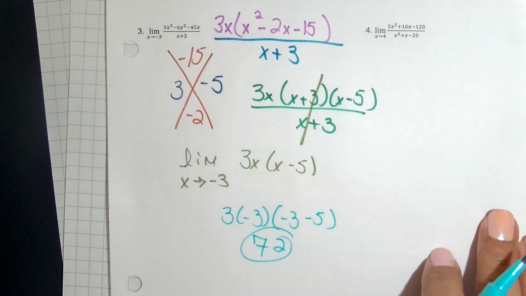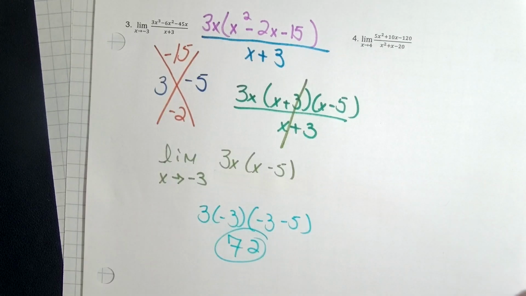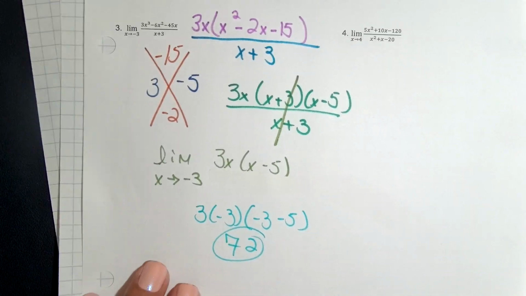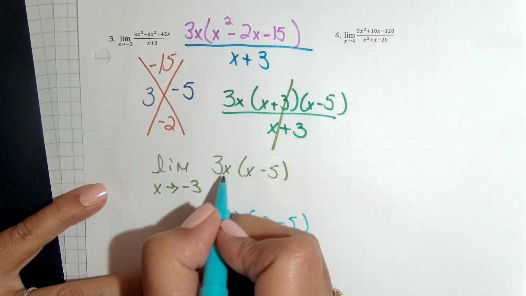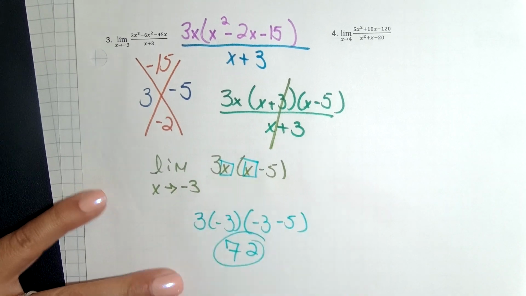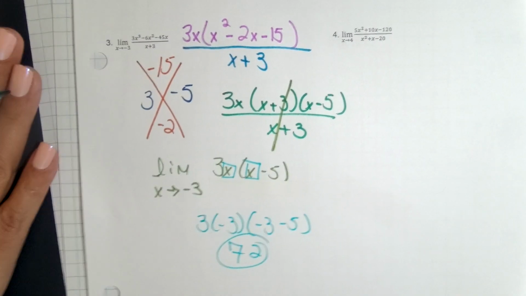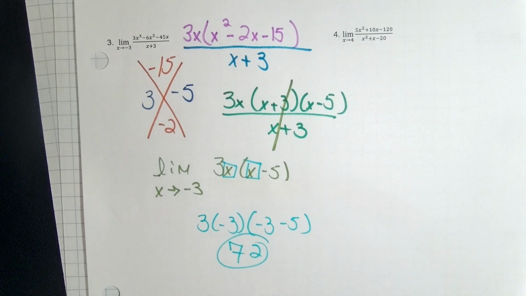Somebody check my math. The x is the x. Yeah, there are 2 x's. 1 x here, 1 x here. Every x. Is this 72? Yes? No?